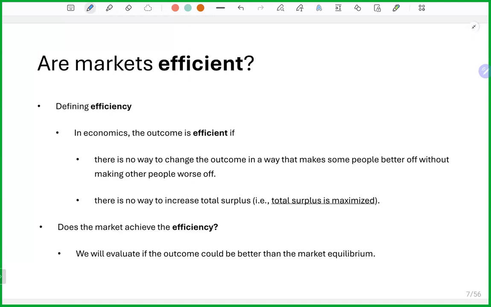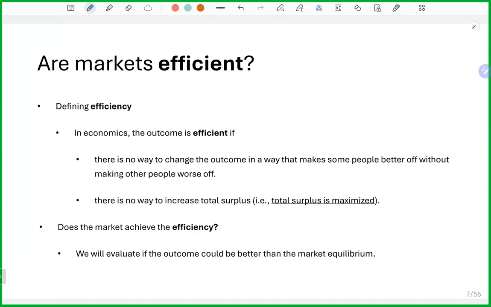It's not good if I assign A plus to a particular group of people. I want to make sure that the combined benefit of all people is maximized. When the total benefit is maximized, then we define it as efficiency.